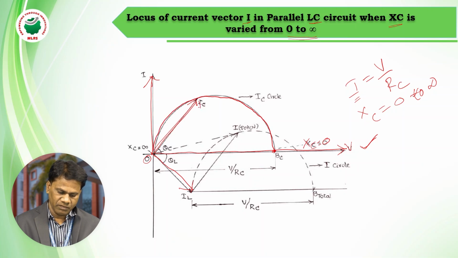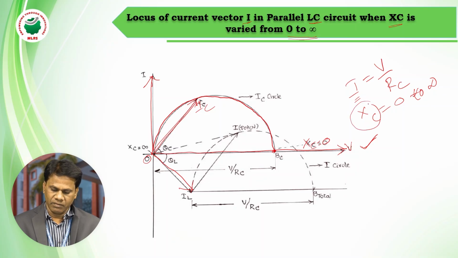So IC, the current flowing through the variable element capacitance XC, is varying. By increasing the variable element XC from 0 to infinity, the current decreases. The current decreases to 0 when XC is equal to infinity.